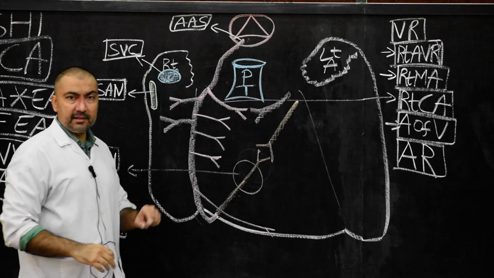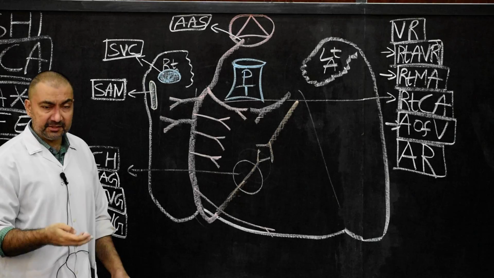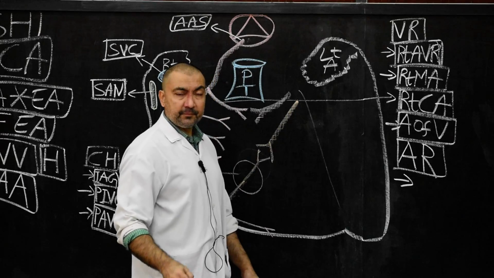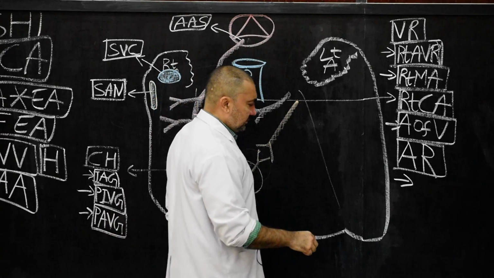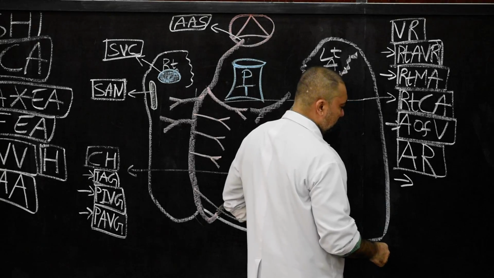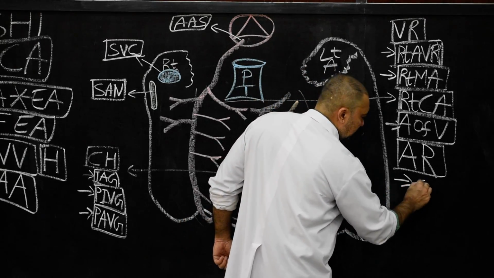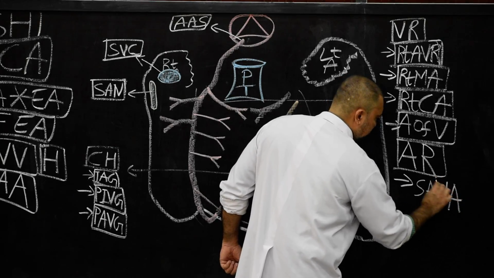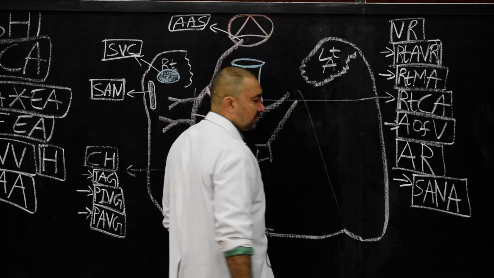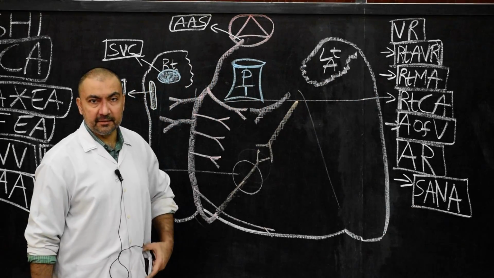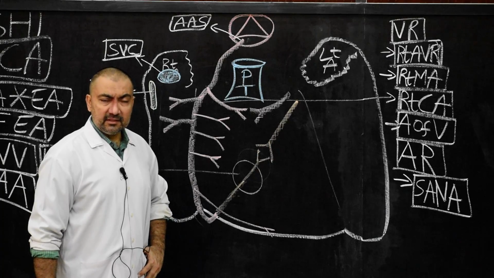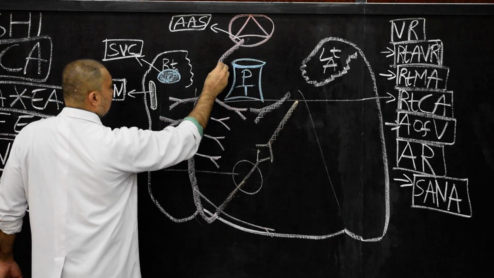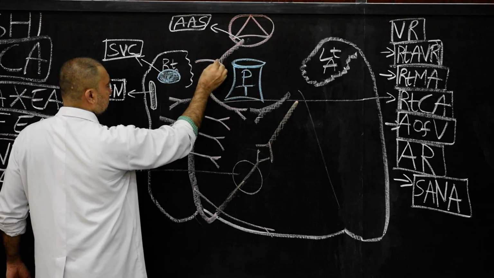Out of these atrial rami which I have drawn, the most important branch will be the sinoatrial nodal artery. Please write down sinoatrial nodal artery.